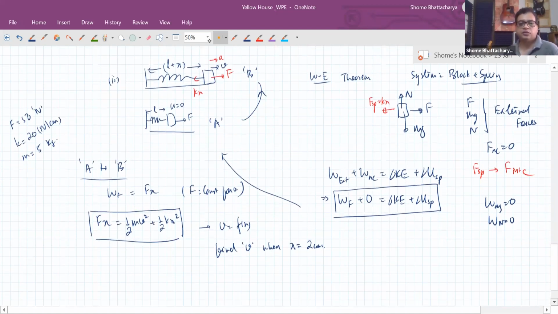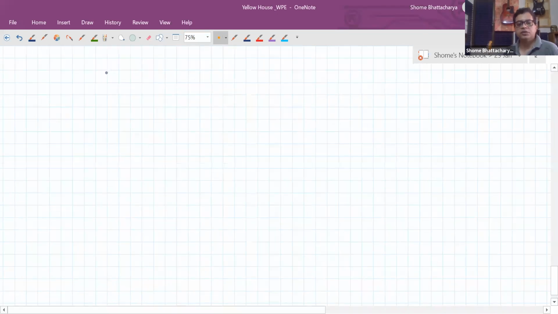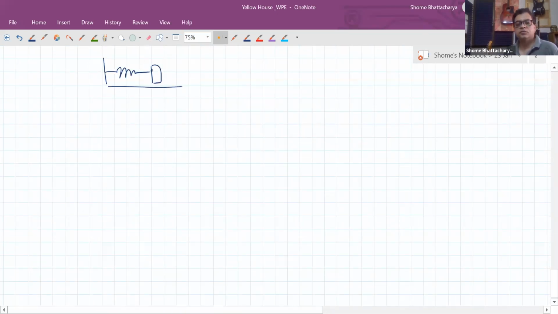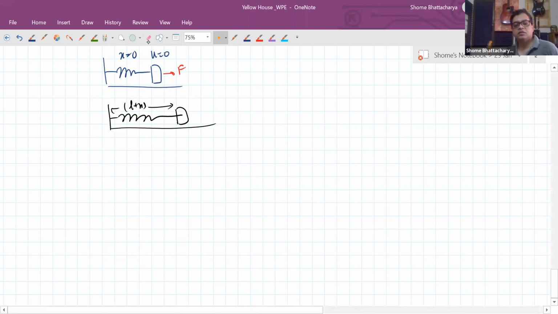Okay, so understood this now. As the block is going from this state, where its speed is 0, x is 0, and we start applying the force, to this state after some time, where the spring has got extended by x and the speed is v, you have half mv square plus half kx square is equal to Fx.